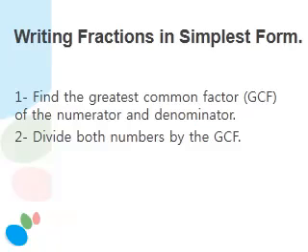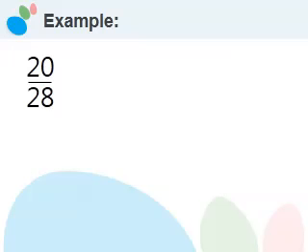Now, in order to write a fraction in its simplest form, when I say simplest form, it means I can't divide it anymore. So you know that sometimes a fraction, you might divide it by many numbers, so you should divide it in several steps, or you can divide it one time by finding the greatest common factor of the numerator and the denominator, and then divide both numbers by this greatest common factor.